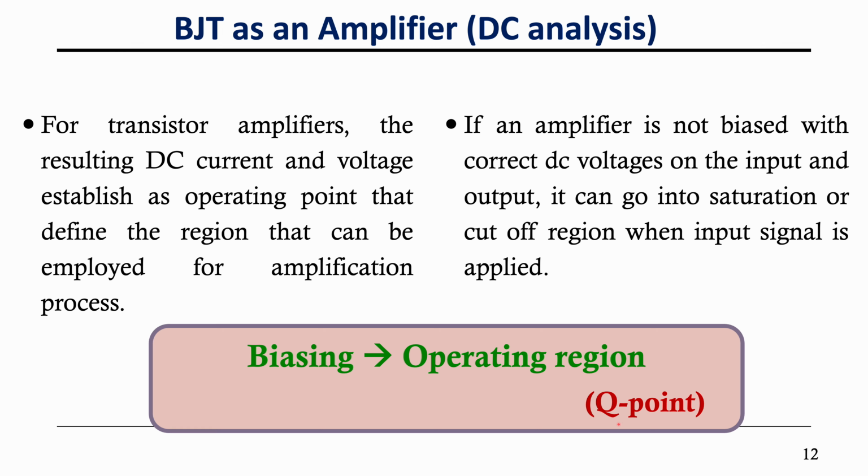You may know the Q point from when we discussed diodes. The Q point is the operating region, meaning that at that particular region your transistor amplifier is working, in an amplification process. If it is not working, then it is not at the Q point. So it is very important to find the value of the operating region.